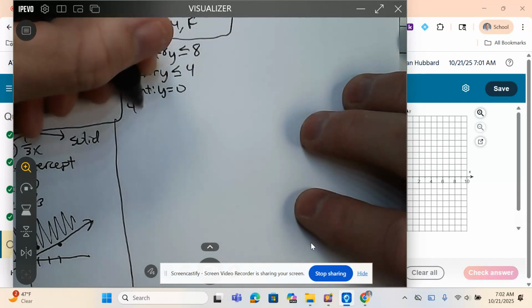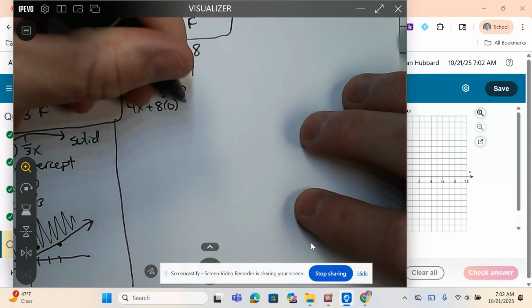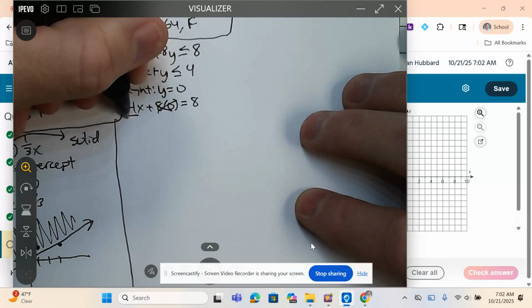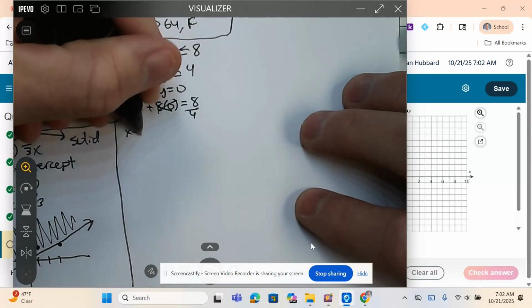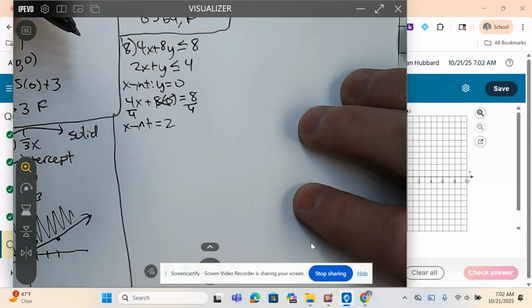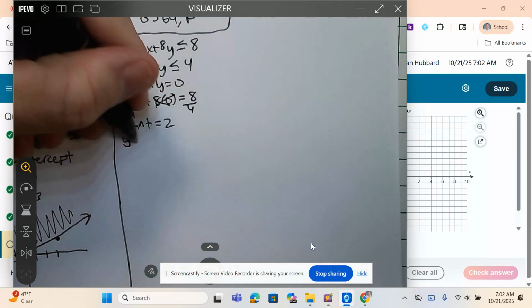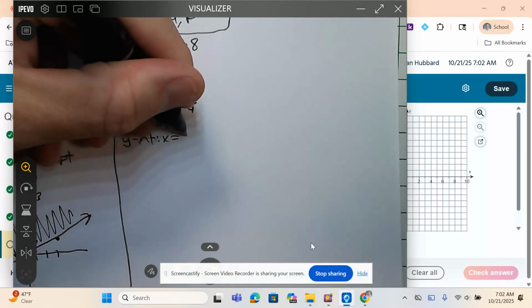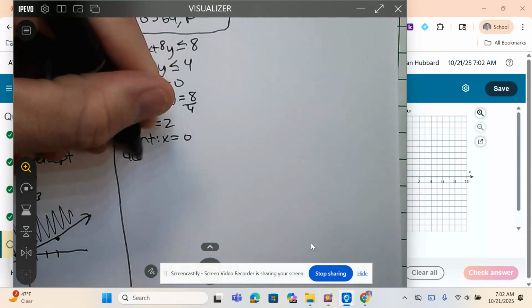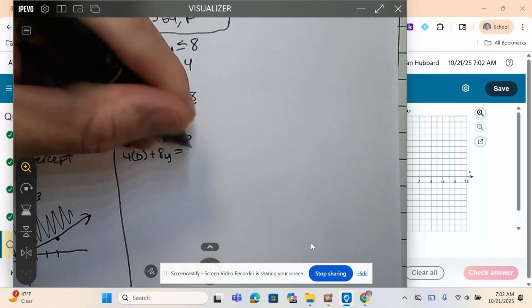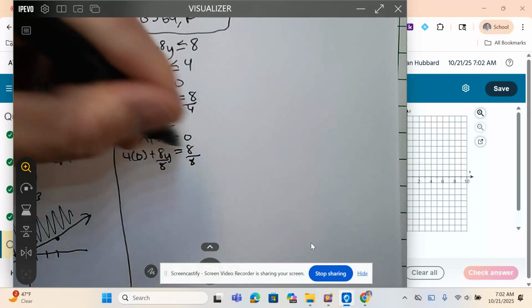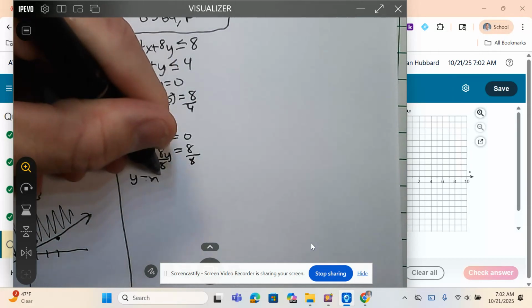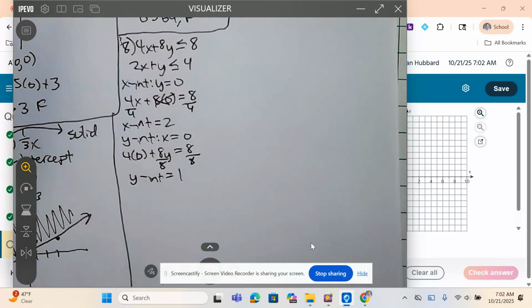So 4x plus 8 times 0 is equal to 8. Divide by 4. The x-intercept is 2. Now to find the y-intercept, make x equal 0. So 4 times 0 plus 8y is equal to 8. Divide by 8, the y-intercept is equal to 1.